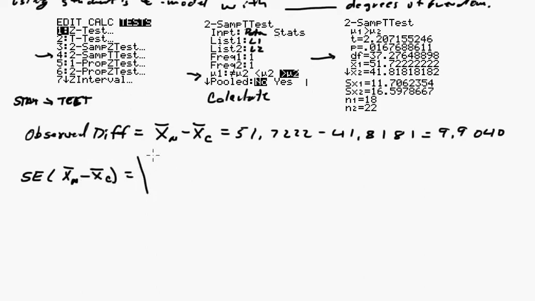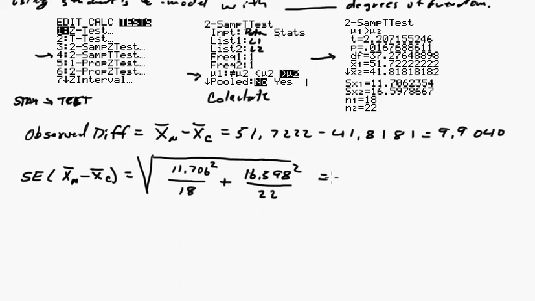There we're just going to take the standard deviation right here, 11.706, squared, divided by the sample size, 18, plus 16.598, I'm going to round, squared, divided by 22. And that has to be done manually. The calculator doesn't do it for you.